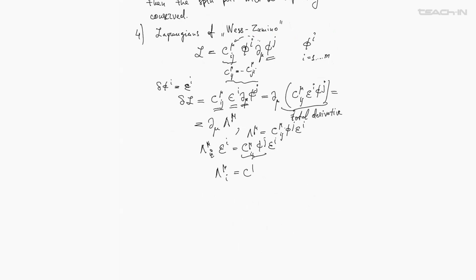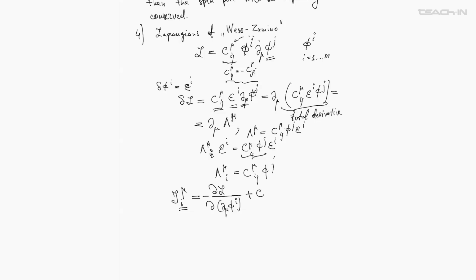So you can now use again the formula for the Noether current. Now the index n is our index I running from 1 to m. And we get from the Noether theorem, from the expression for the Noether current, the following expression: d mu phi I, this is the first term, and then the contribution from lambda, which is C mu I j phi j.